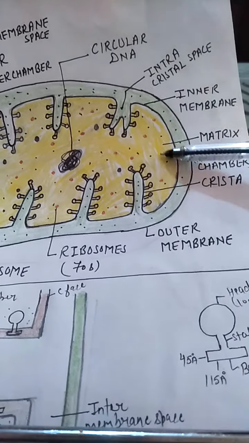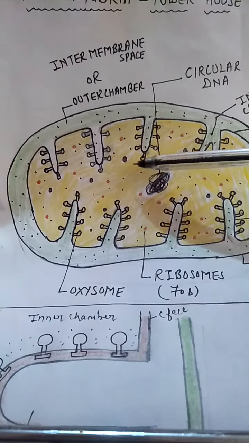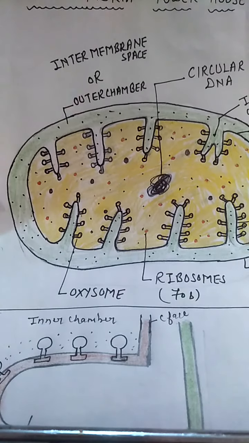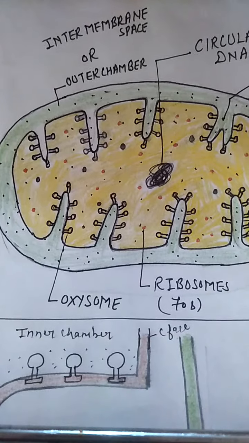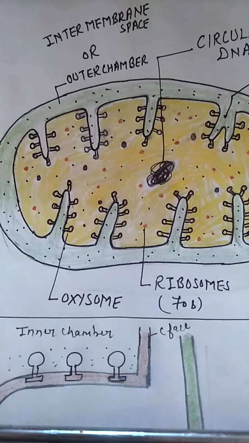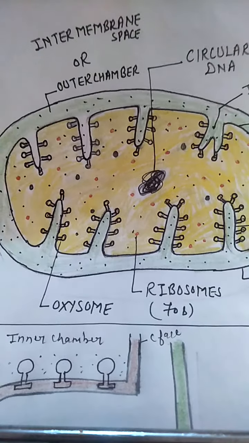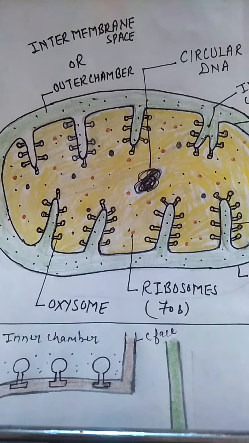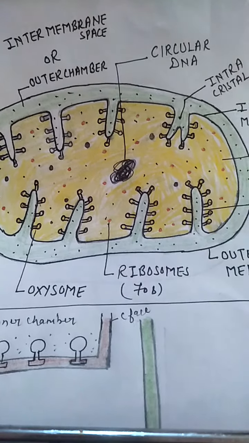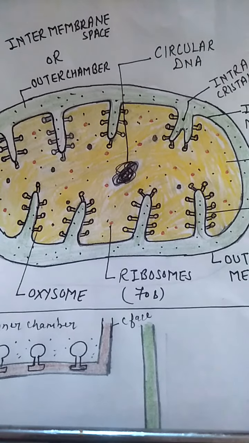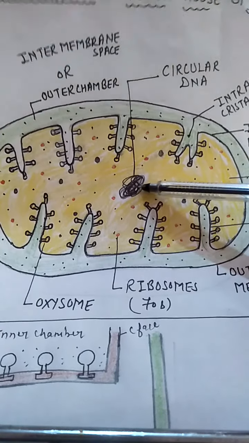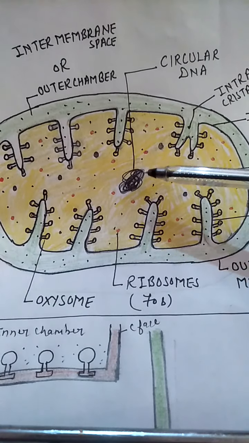This is matrix. Inside the matrix, proteins, lipids and amino acids are present, but along with this it also possesses some useful material. First is the DNA.